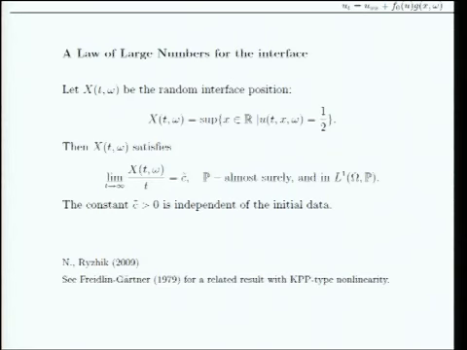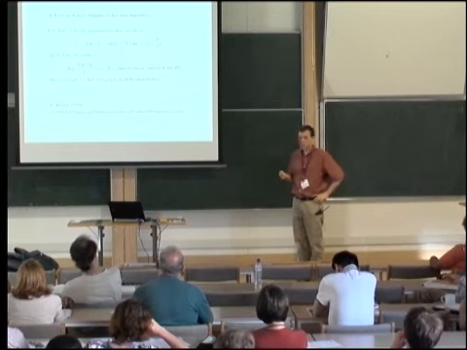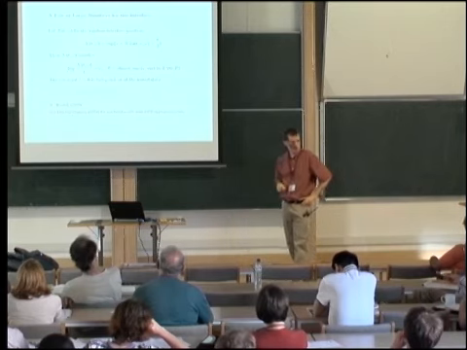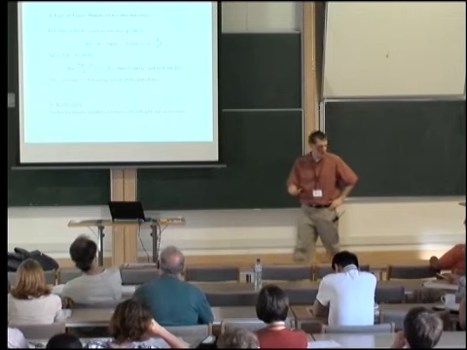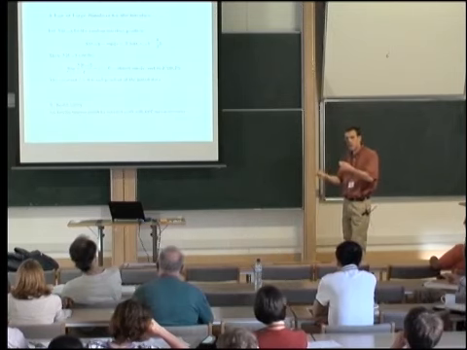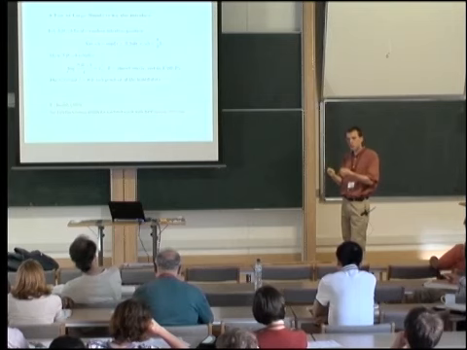It doesn't really matter which level set I choose because the interface stays tight by that bound I showed you earlier. Then you can show that the quotient x over t converges to a constant, and this constant is independent of the initial condition. So this is similar to the result in the homogeneous environment, where for the bistable ignition type nonlinearities, you have a unique wave speed.